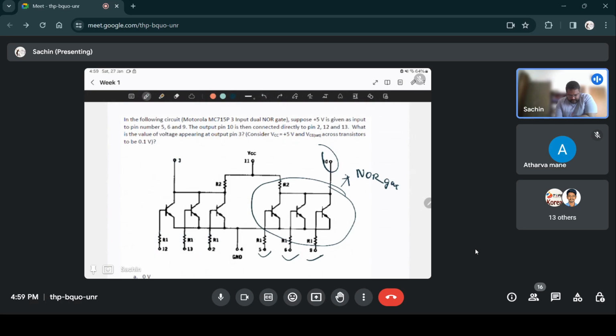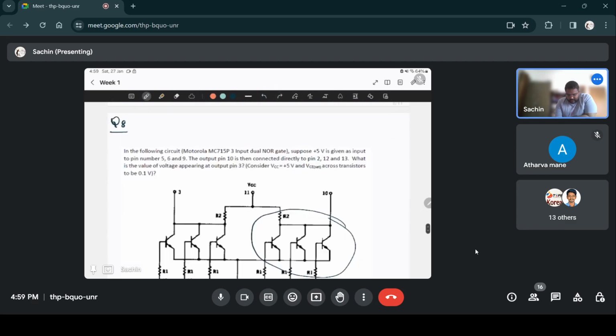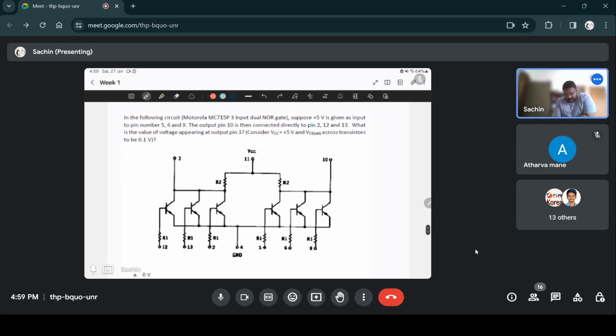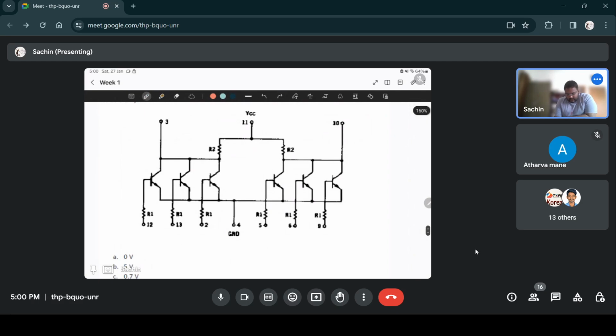And the question says, suppose plus 5 volts is given as input to pin number 5, 6 and 9. So this is 5, 6 and 9. They're giving plus 5 volts to all 3. What will happen?